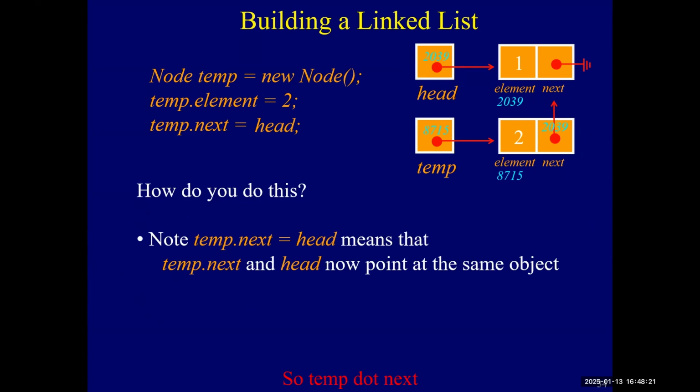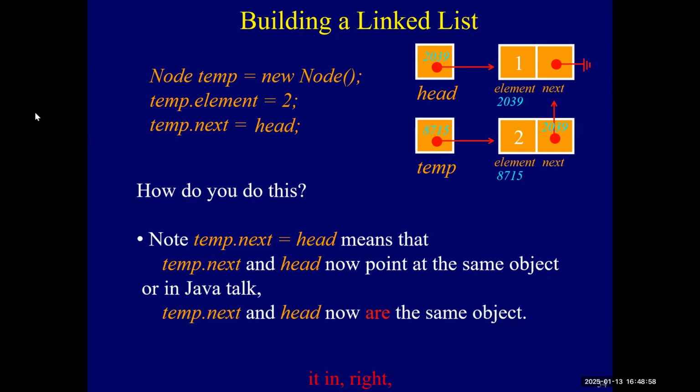So temp.next equals head says temp.next and head are now pointing at the same object, right? Temp.next is pointing there, head is pointing there, right? In terms of a mathematical statement, maybe that's one way to check it. It's not a math statement, it's an assignment. But after you execute the assignment, it then should be true as a math statement, right? After you execute it, those two have the same value, they're pointing at the same thing, right?